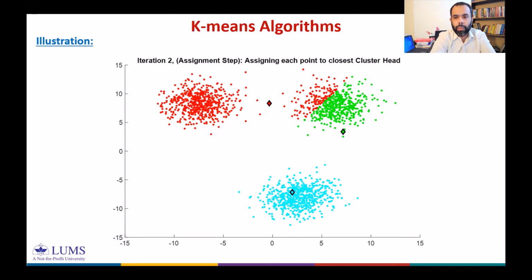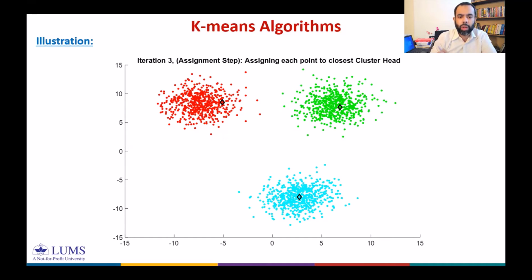Next step, we update cluster heads. The red would shift further towards the left, and we expect the green point to move up. If we again do reassignment, we obtain this. And once we readjust cluster heads, the green would stay almost in the same place.